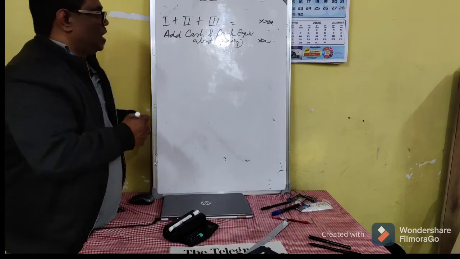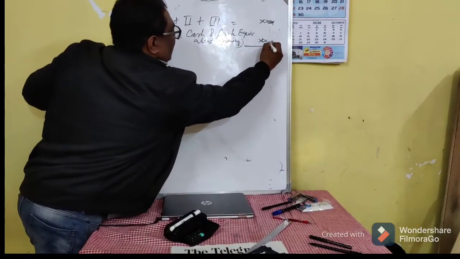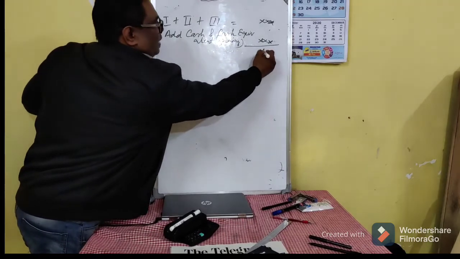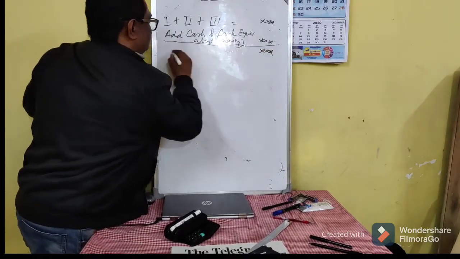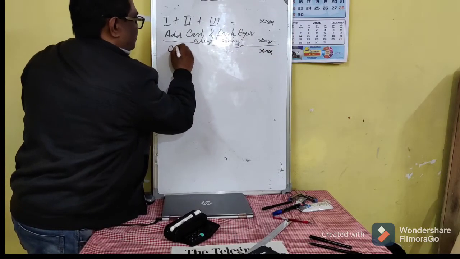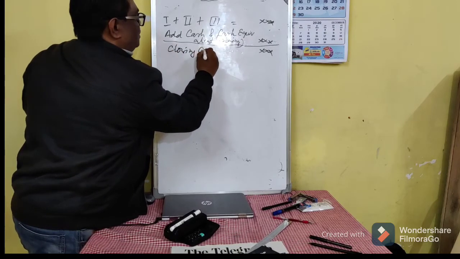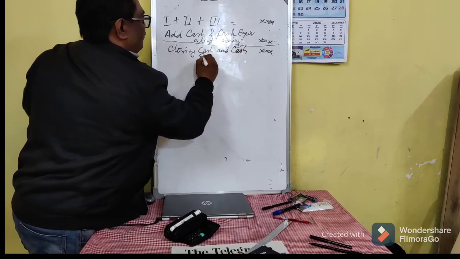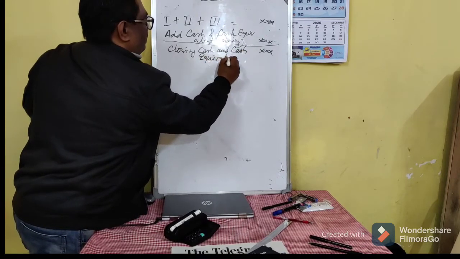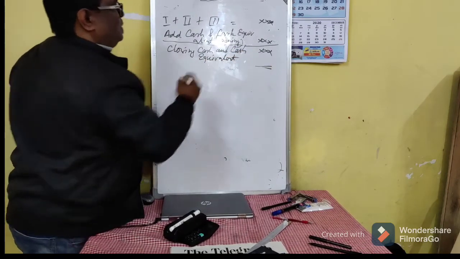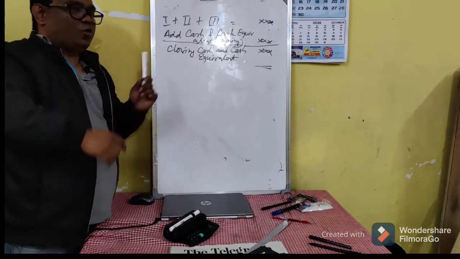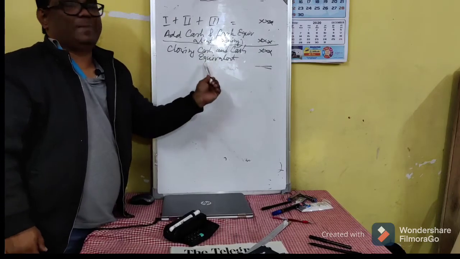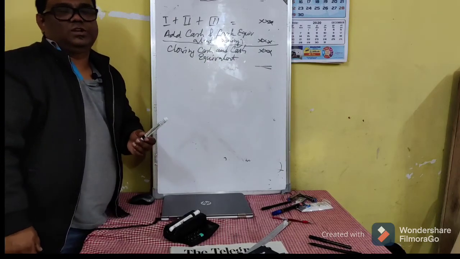Now if we add last year's cash and cash equivalent to the 1 plus 2 plus 3 figure, we get a figure. This should match the closing cash and cash equivalent. If the closing cash and cash equivalent is given in your question, this should match it, so you can test the accuracy.